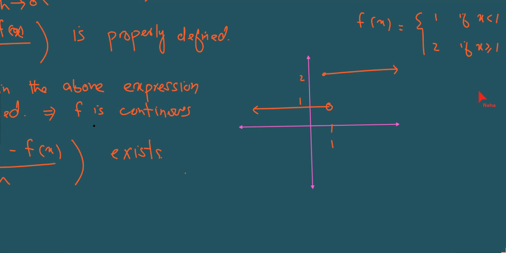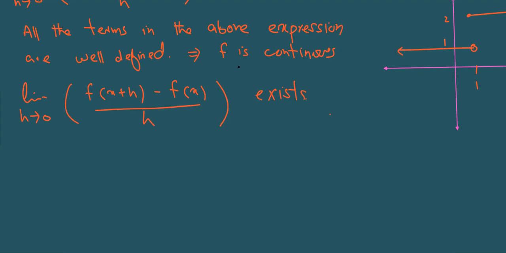In very easy words, we cannot draw a tangent at a point that doesn't exist. So there is a problem. It's a very weak explanation, but at this level it is enough, I think. So that's why the function must be continuous.